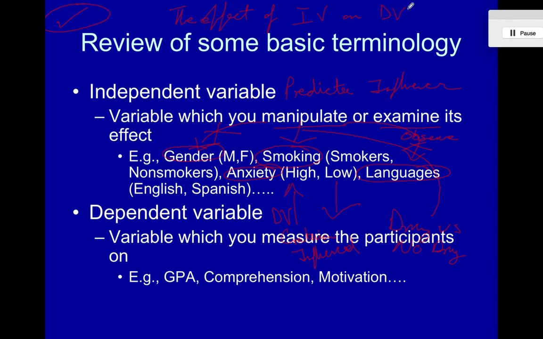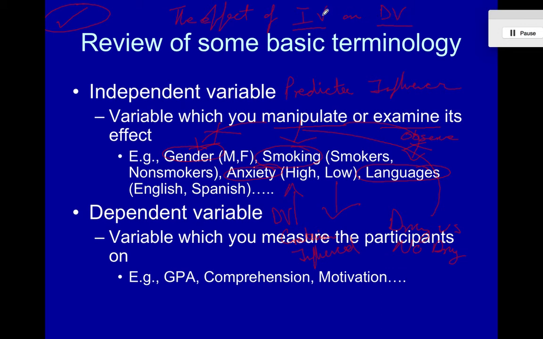Okay? So that's what we always want to look at, the effect of the IV on the DV. That's the order. We never put the DV and then the IV. The IV always comes first, the DV always comes second. So here, for instance, let's say the effect of gender on motivation. Gender would get plugged in here, motivation would get plugged in there.